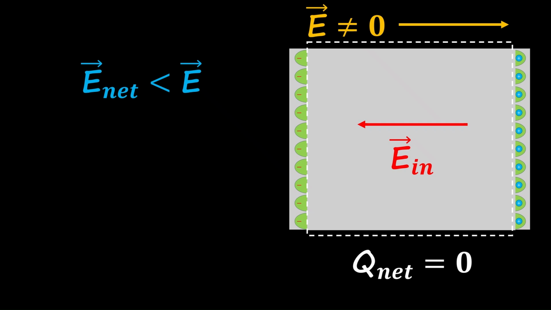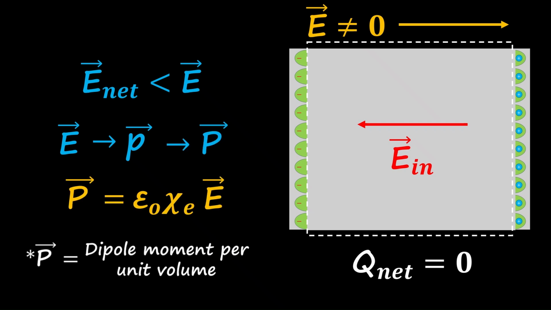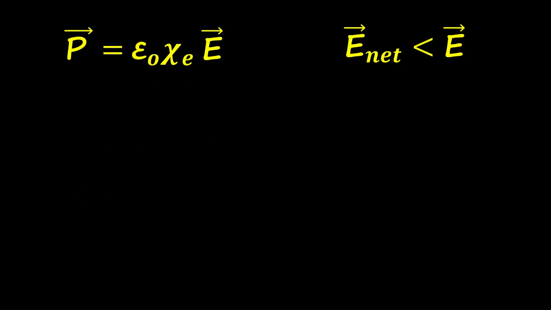So if you see carefully, because of the external electric field, there is an induced dipole moment, and these induced dipole moments contribute to the net dipole moment, and the relation is given by this formula. So we have two phenomena happening here.